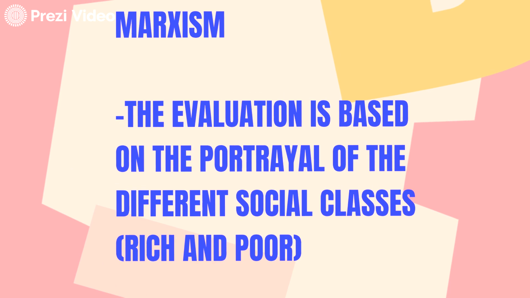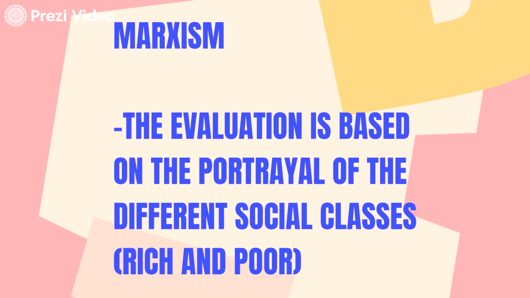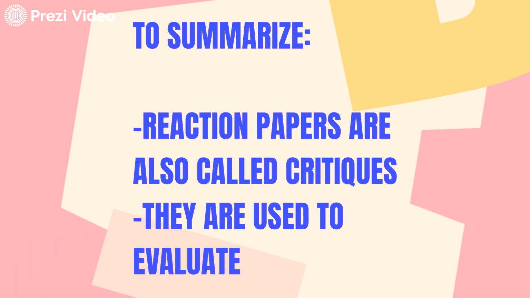Now, last but definitely not the least, Marxism is an evaluation based on the portrayal of the different social classes, the rich and the poor, and certain stereotypes about these social classes as well. This literary approach is taken from the name of Karl Marx, who I guess is a very prominent figure, especially in the field of economics and in philosophy. Okay, so those are the four literary approaches commonly used in literary criticism.